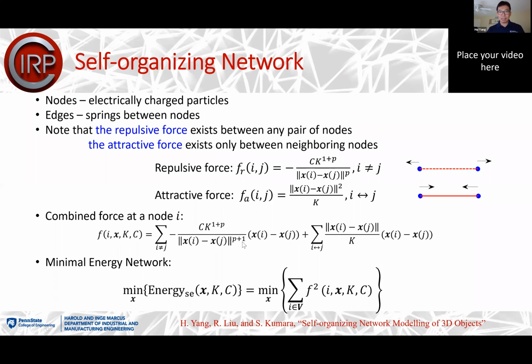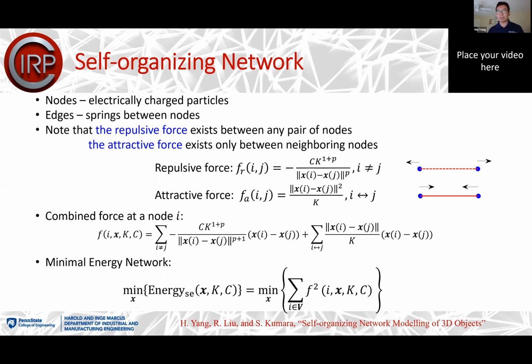And here, you see this is P plus 1, this is P. Why? Because we are trying to define the directions of the force, because here it is normed. And this one actually defines the direction. And this one, where we take one out, also defines the attractive force direction for each node. Then you sum them together, and you will be able to calculate the combined force at a particular node I.